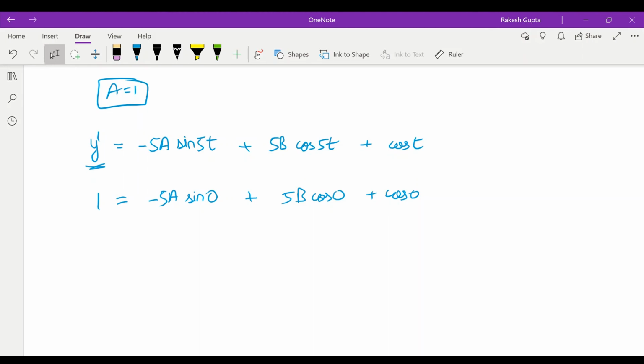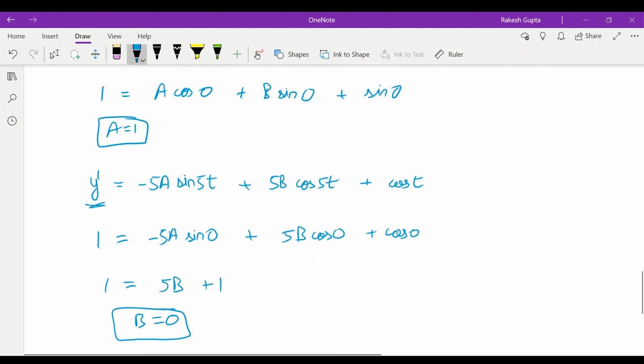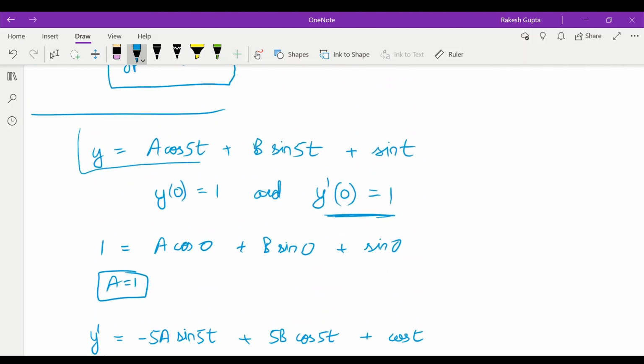And so 1 is equal to πb plus 1. Then we get b is equal to 0. So now we have the values of a and b, and we substitute that in this equation right here.